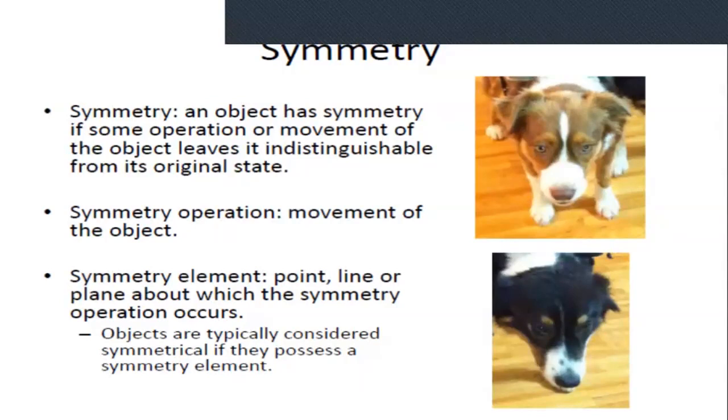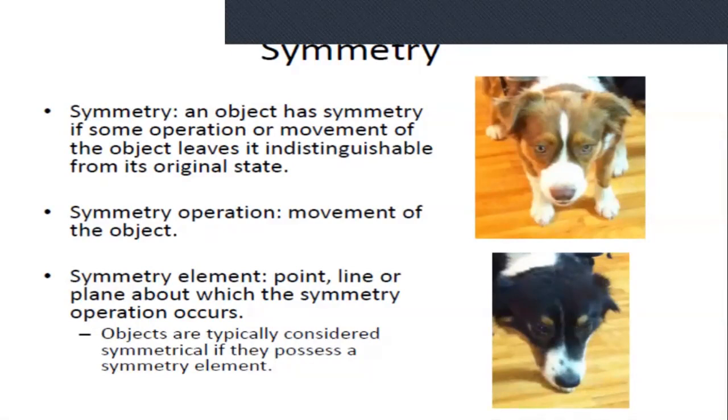So a twofold parallel to C, for example, is a symmetry element. It becomes an operation when you perform that element on a particular object or set of coordinates. And so that's the difference between element and operation.